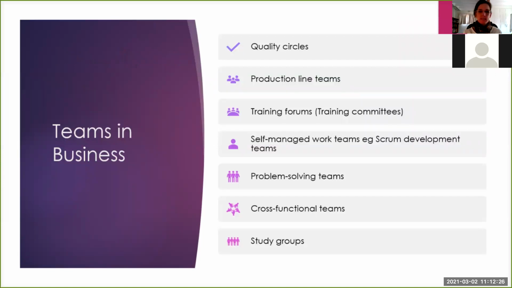Do we see teams in business? And actually we do in quite a few circumstances. So I'm first going to ask you, Loretta, in your business, I know that you have your mast installation teams. Are there any other teams in your business that you can tell me about? No, I only had that team. Though while I was working for the company, there were different teams.